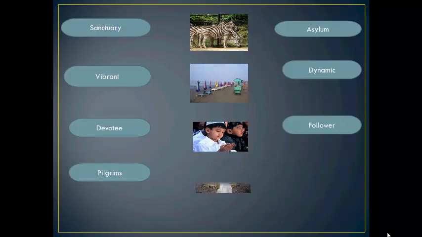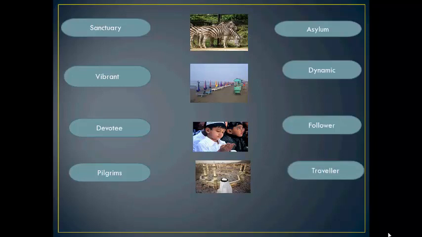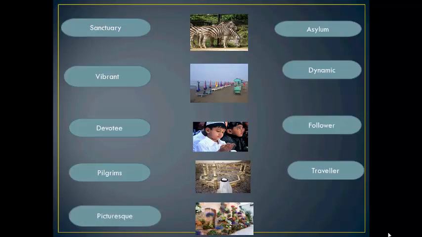Pilgrim means traveler. Picturesque means charming. Please find out the words with your dictionaries and find out the actual meaning of the words, parts of speech and Bengali meaning.